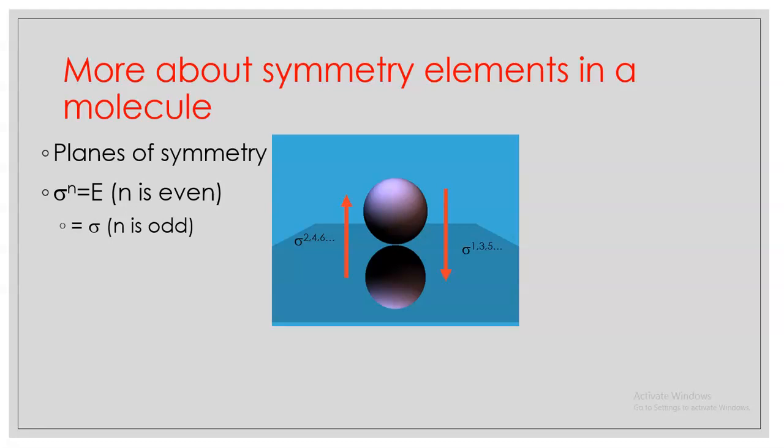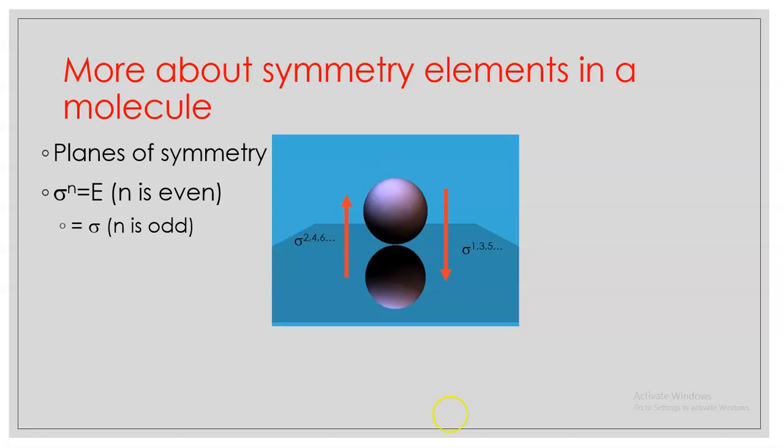Now, first we will take the symmetry element, the plane of symmetry. The plane of symmetry's operation is reflection. See, you consider this as a molecule, and if there is a plane that reflects this molecule, it duplicates. So a plane of symmetry does reflection.